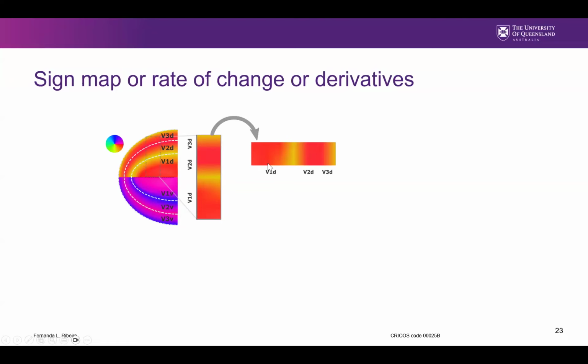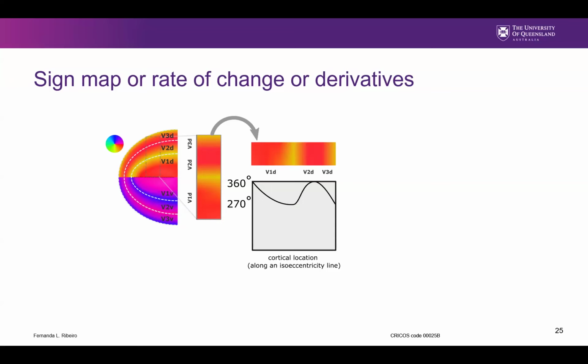As we move across dorsal V1 to the border with dorsal V3, we see these angles decreasing. And from there to the border with dorsal V3, these angles increase. And from there to the border with higher order visual areas, these angles decrease again, which is equivalent to a function like that.